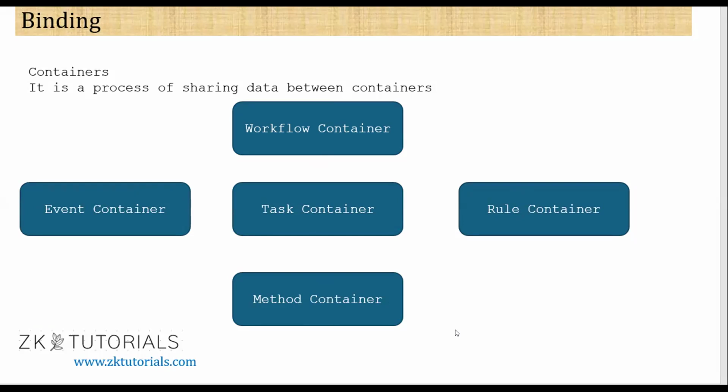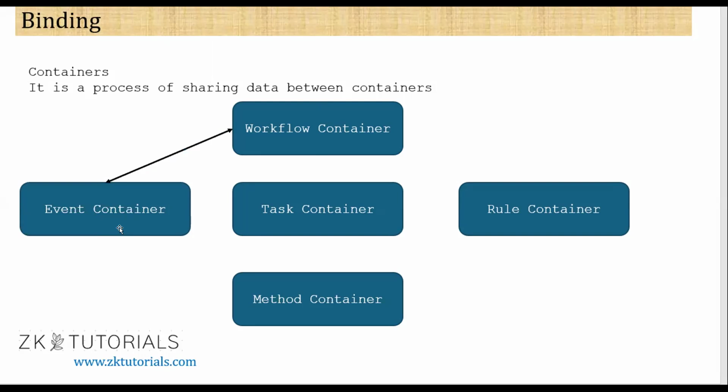For now we will see how the data will flow between these. As far as the event and workflow containers are concerned, data sharing is possible in a bi-directional way between the event container and the workflow container. I will make a diagram like this.